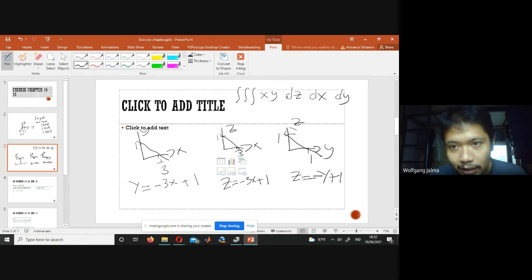So z in x. z is from 0 to minus 3x plus 1, right? dz. Now dx to y.